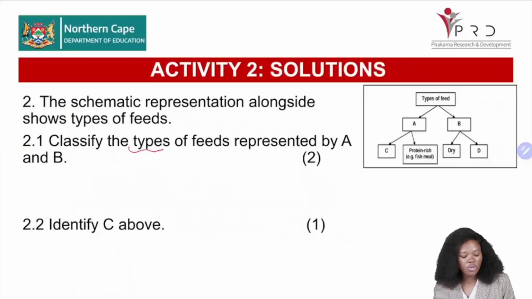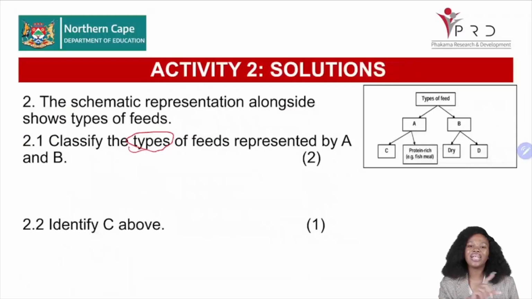Even if there were no types, but classification in general, you classify into this and this, right? But when a question says, identify the type, there is also classification. But if a question were to say, identify the feed, there is not a classification. You give us the name of the feed, right?